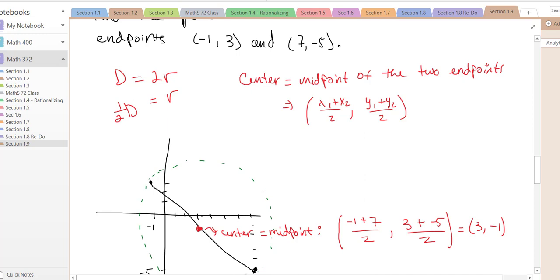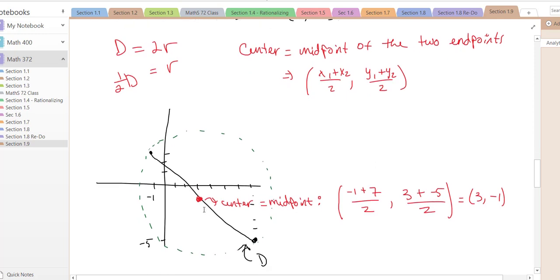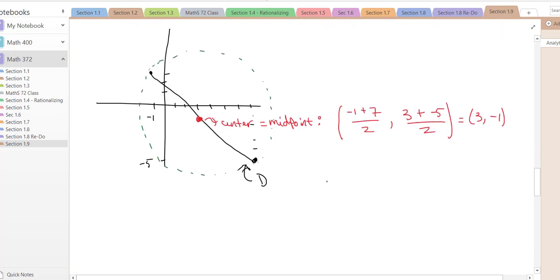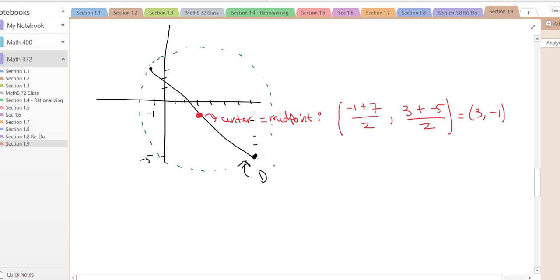So let's go back to my not so pretty graph here. Actually, that's pretty on point, so I guess it's not that bad of a graph. Notice that there's 3 and there's -1, and so that seems to make sense. So now I have the center. So in the equation of my circle so far, the equation is x minus h squared plus y minus k squared equals r squared.